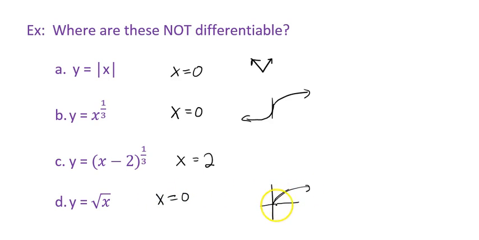Because, again, this is the inverse of an x squared graph, and if you think about a parabola, at the 0 on it, you have a horizontal tangent line. So if you turn that sideways, you now have a vertical tangent line. And so that problem is at 0, not differentiable right there.